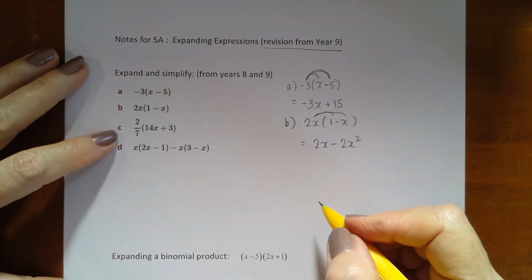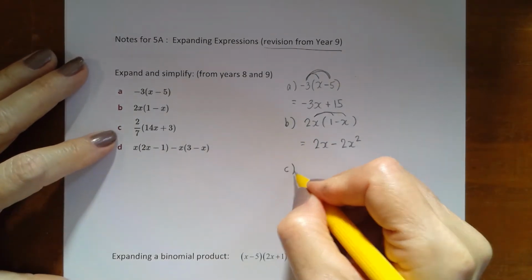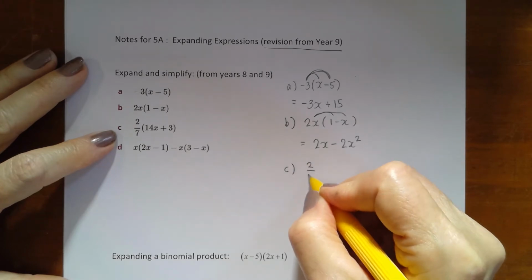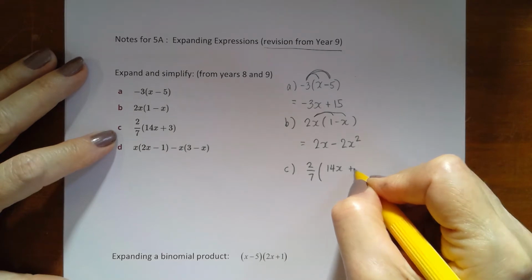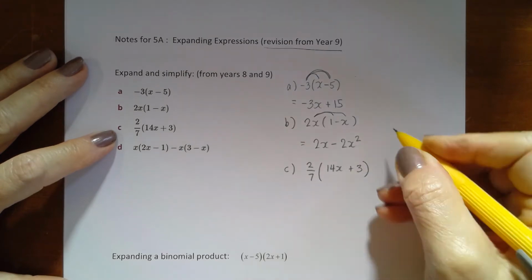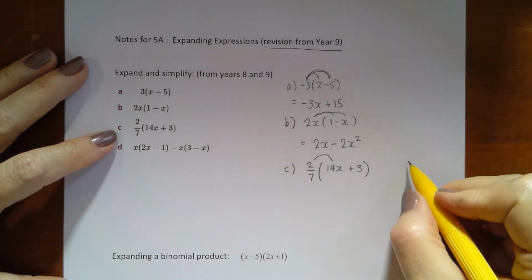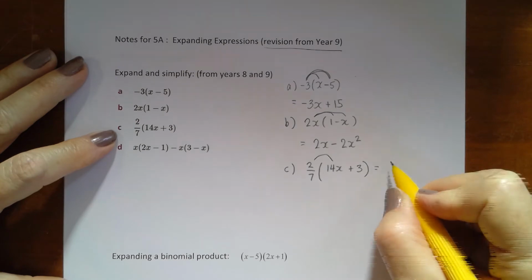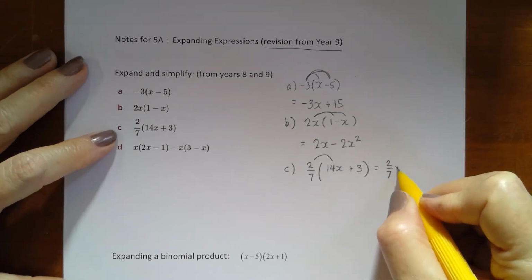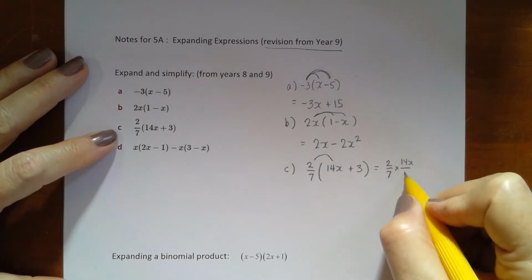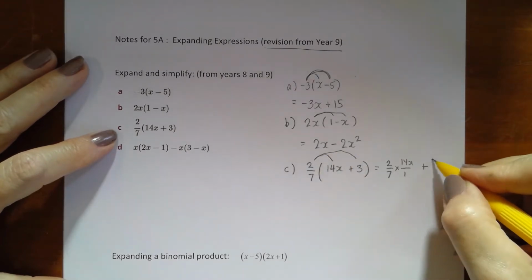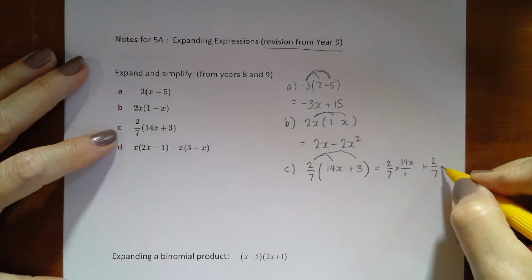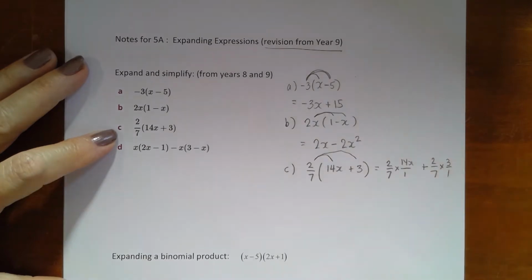Okay, on C, there's a fraction. Remember that when you're multiplying by a fraction, you're actually multiplying the numerator by whatever's in there. So in your brain, you're thinking, okay, this is what I have. Inside there, I have 2 on 7 times 14x on 1 plus 2 on 7 times 3 on 1.